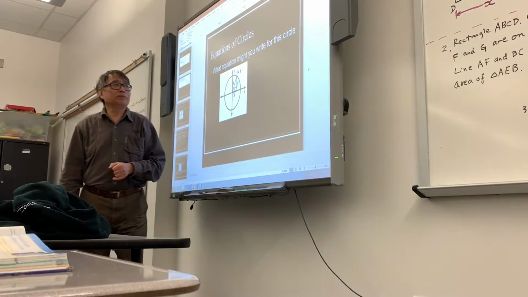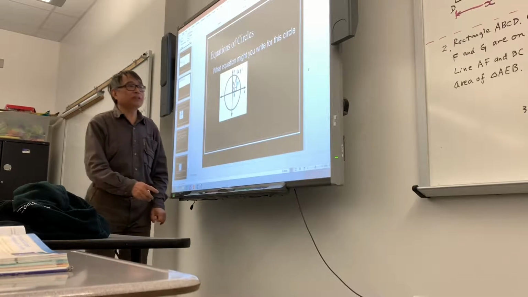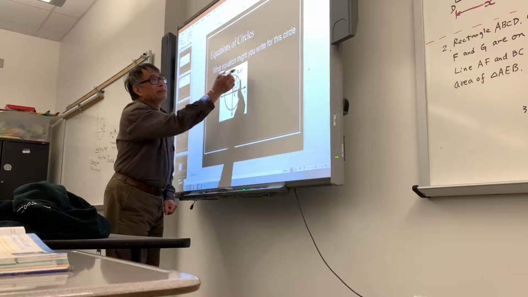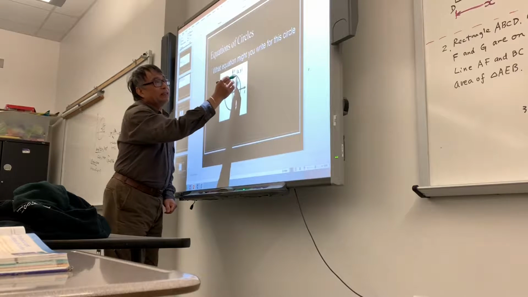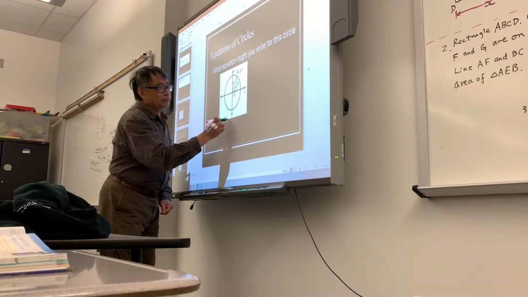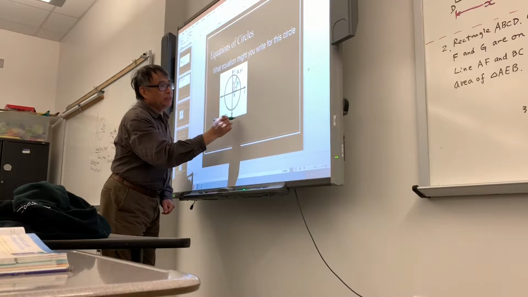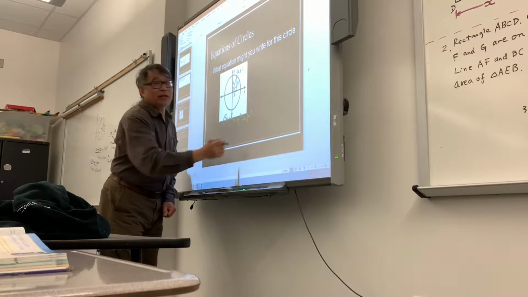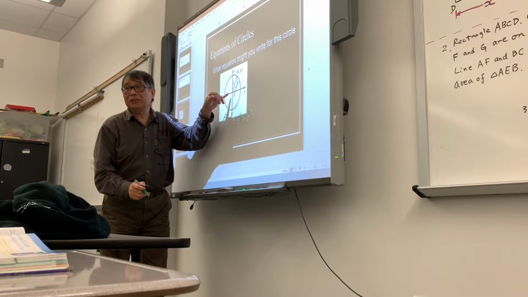Equation of circles. What equation might you write for this circle? You can see this is x, this is y, so you get the distance. x minus 0 squared, y minus 0 squared equals radius r squared. So this is (0, 0).